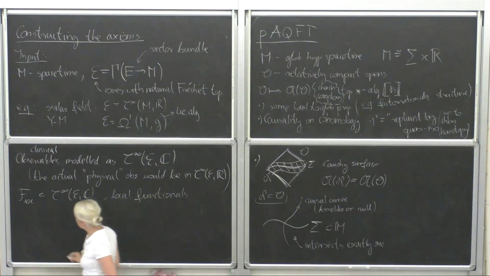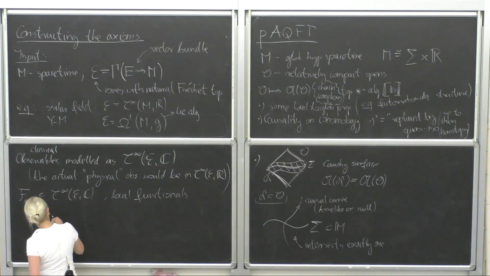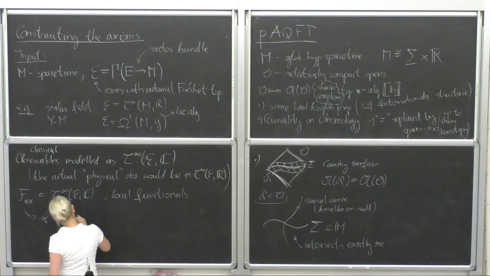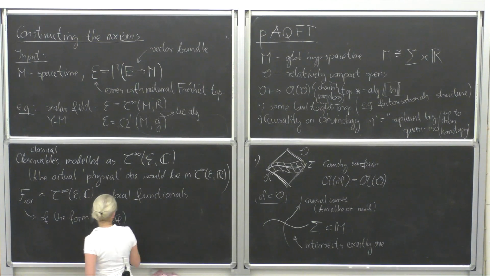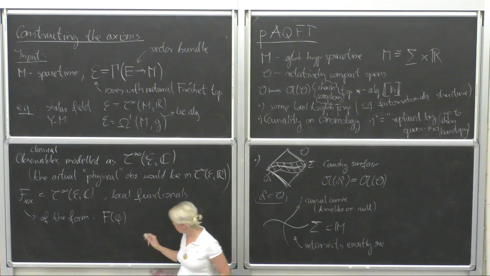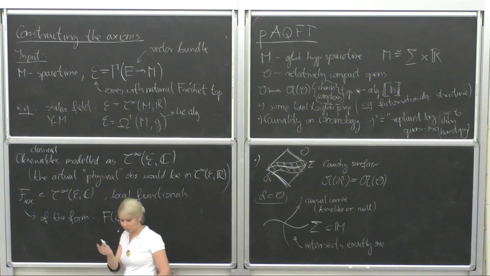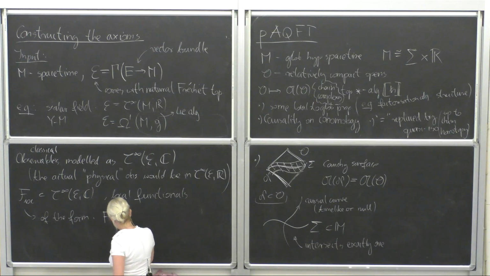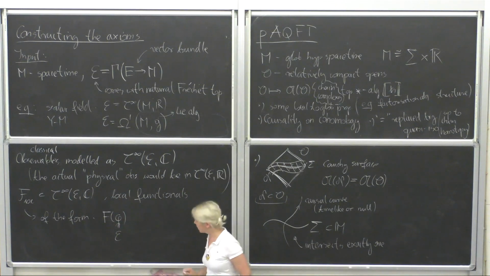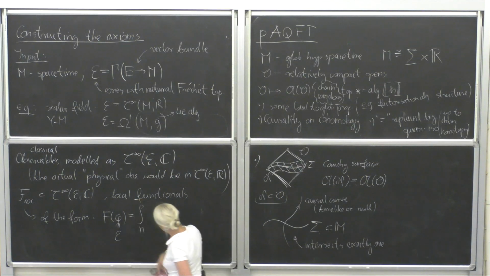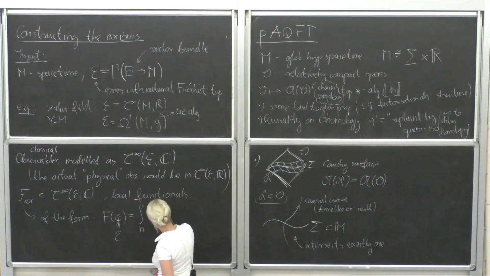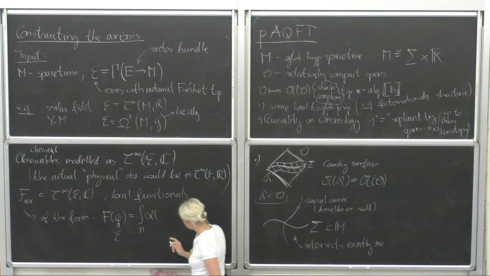Okay, and these are functionals of the form f of phi, and phi is always going to be a field configuration. It doesn't mean I'm doing only the scalar field. It just means I cannot do indices. So this is an integral over the whole manifold of some function.